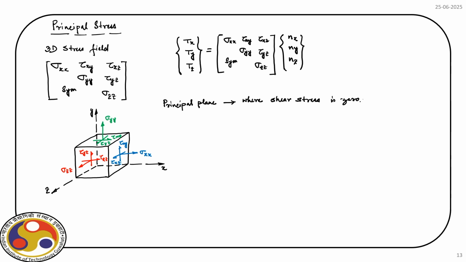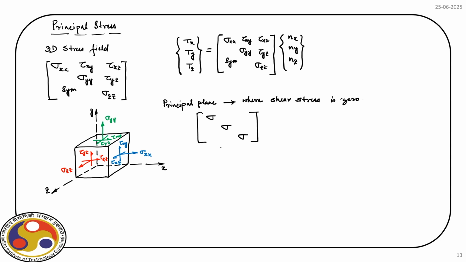So, if we write down the 3D stress field along the principal plane, what will it be? We will have sigma along 3 orthogonal directions and there will be no shear stress. So, all the off diagonal terms will be 0.